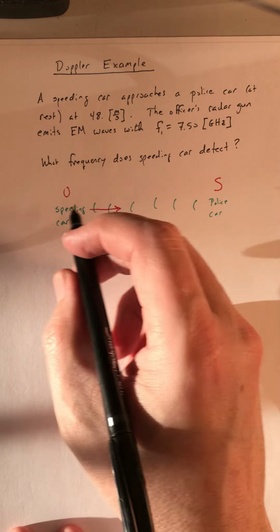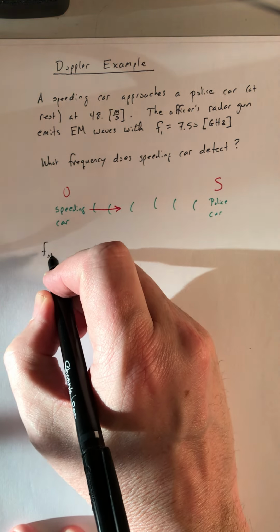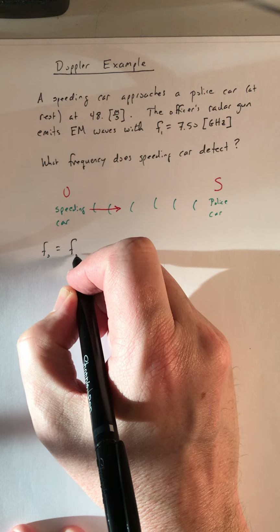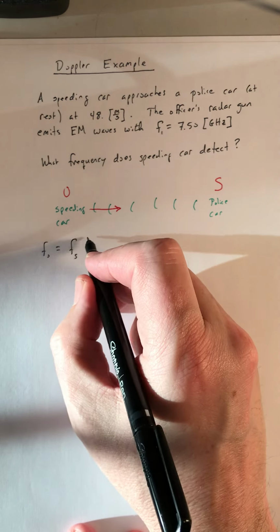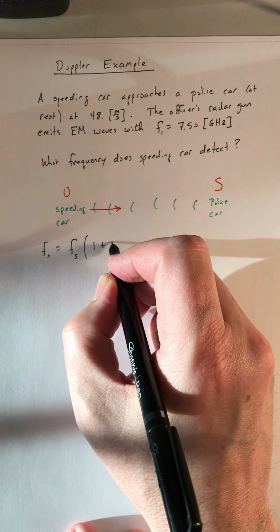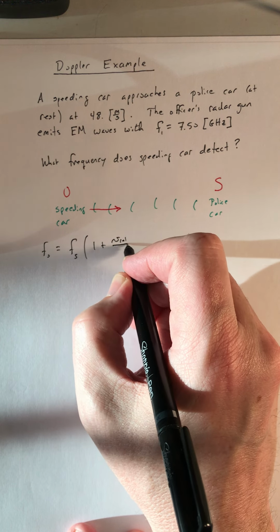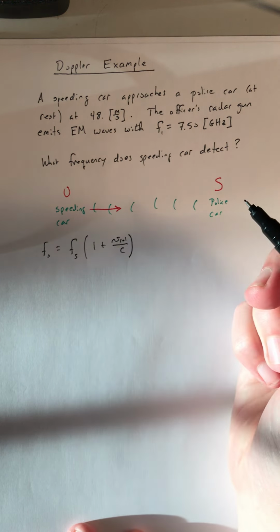So for this first Doppler shift, the observed frequency is going to equal the source frequency times 1 plus the relative velocity over the speed of light.